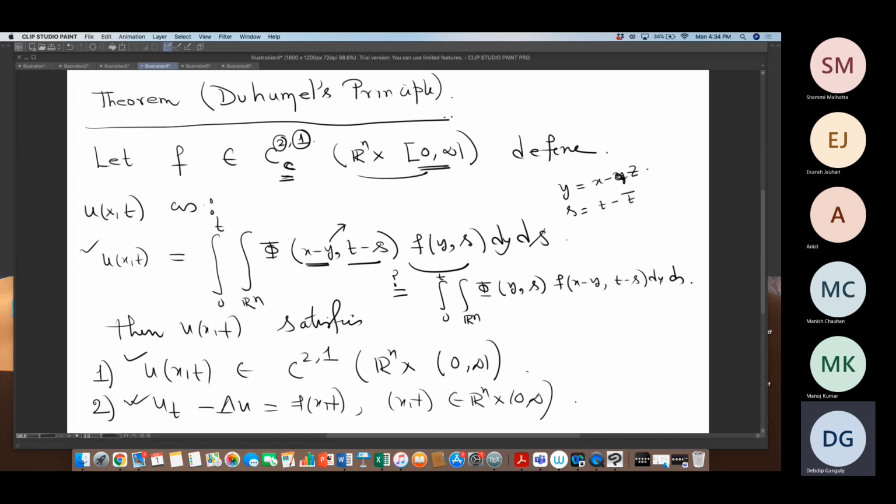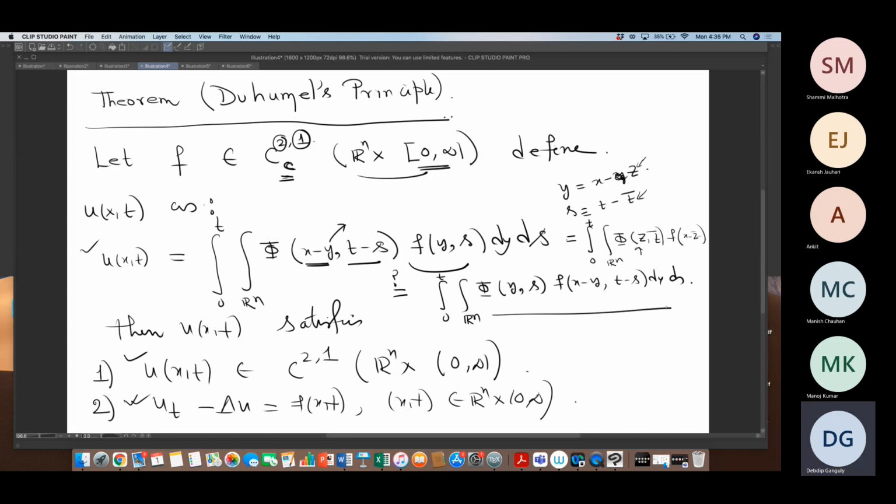You will have z and t bar. The integral from 0 to t, with translation invariance over R^n, becomes p(z, t bar) f(x minus z, t minus t bar) and so on. Now z and t bar are the variables, so you can put z and t bar as well as y and s. So I have just made a change of variable. Is that clear?